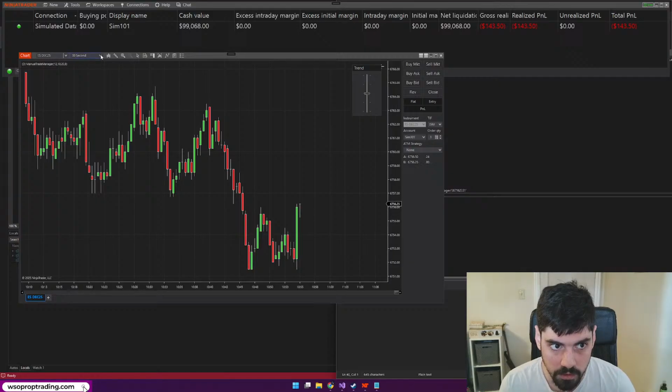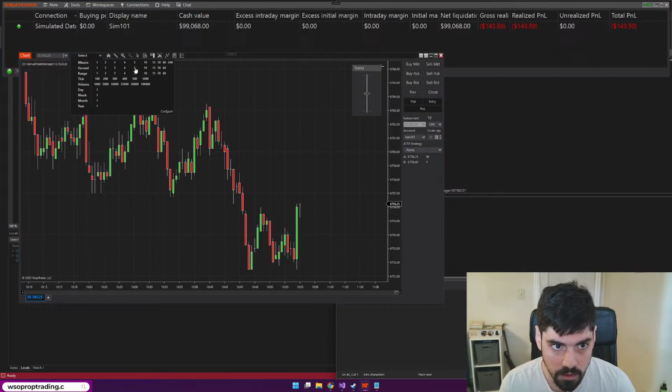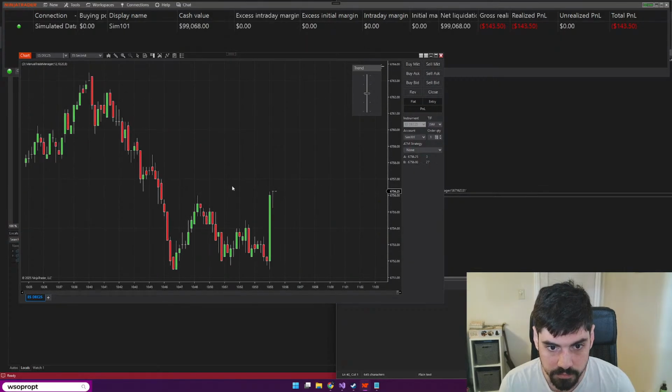And we'll give it, let's do 15-second chart. So it should stay right around here. A few more seconds, I'm going to drop it all the way down just to make sure it's doing what I think it's doing. Why is this going up?